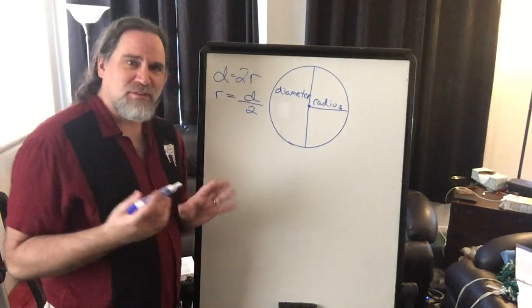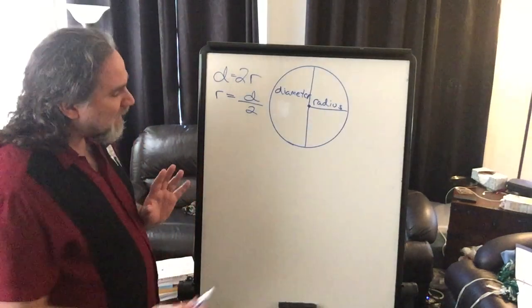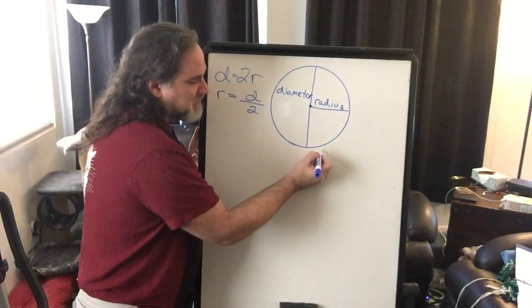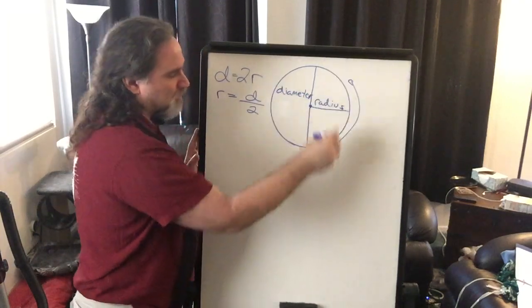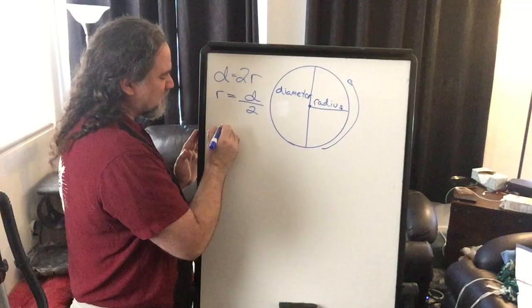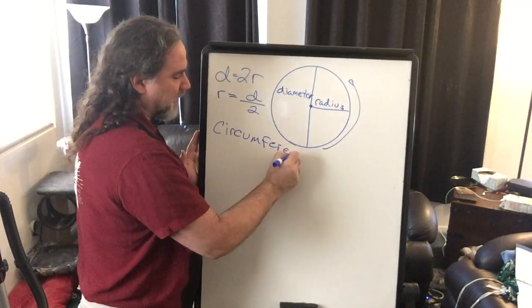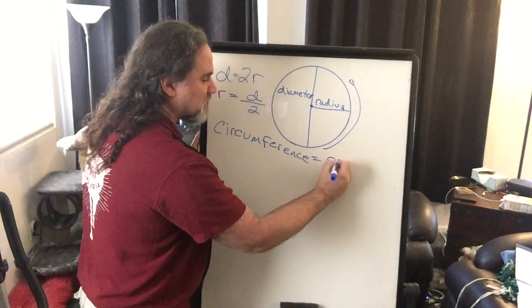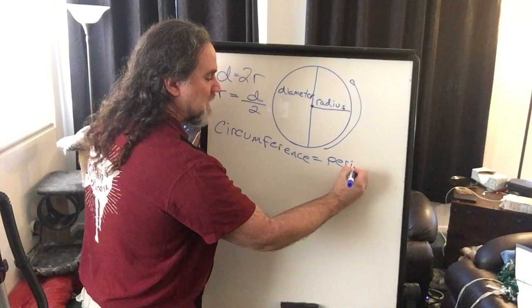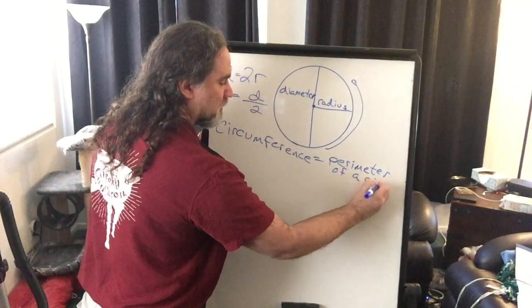Okay, we have the next, and then the last measurement we're going to talk about with the circle is the distance around the outside. If we were to go all the way around the outside, that's something called the circumference. And again, this is another word we just stole straight from the Greeks. And I think the easiest is to call it the perimeter of a circle.